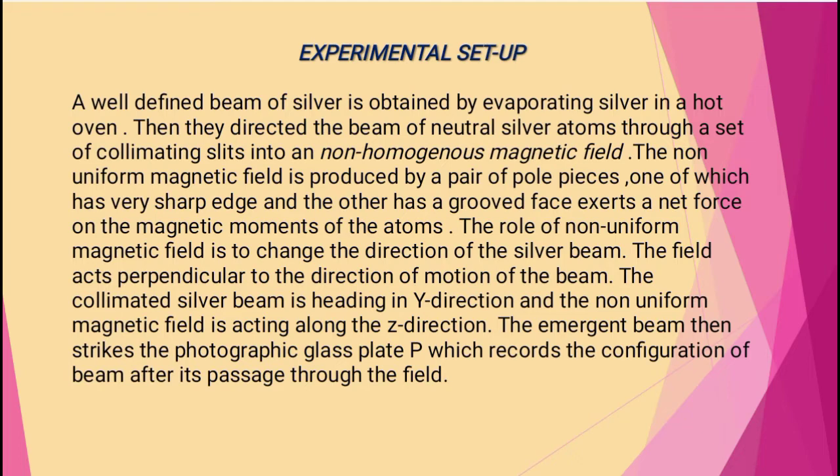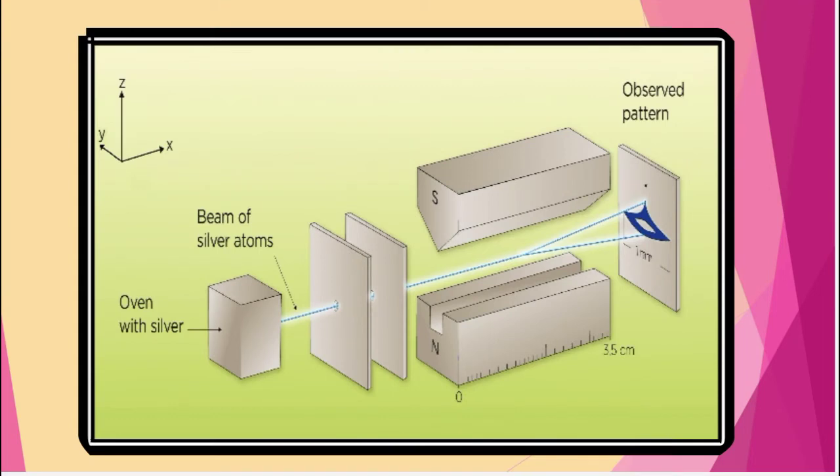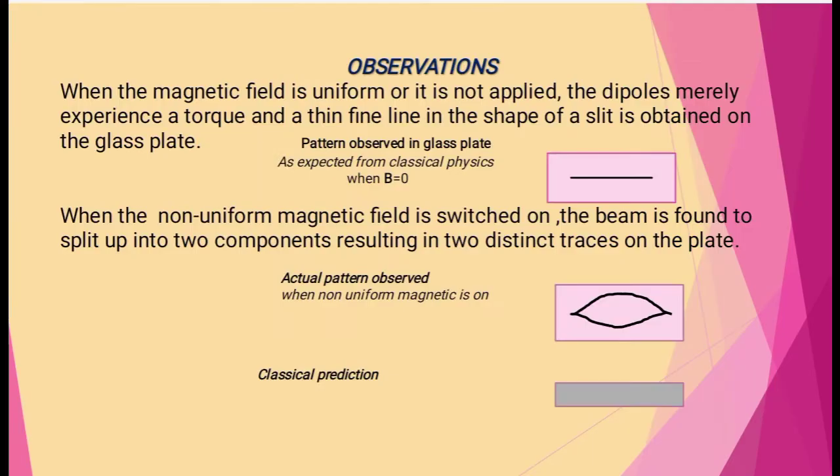The emergent beam then strikes the photographic glass plate, which records the configuration of the beam after it passes through the field. In the experimental observation, we can notice two types of results depending on the magnetic field used.